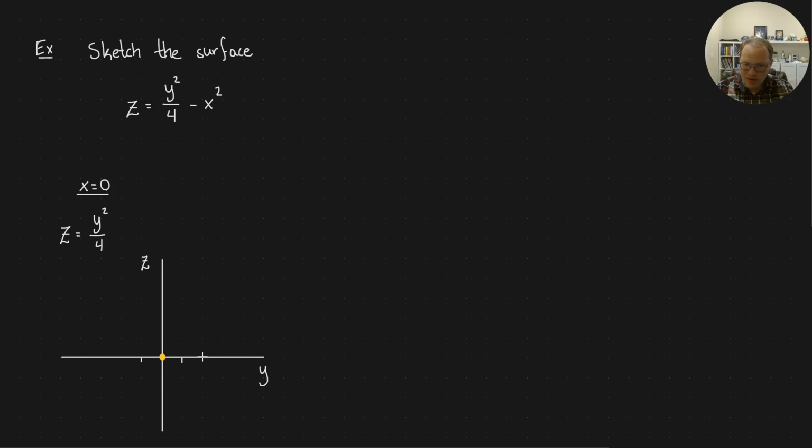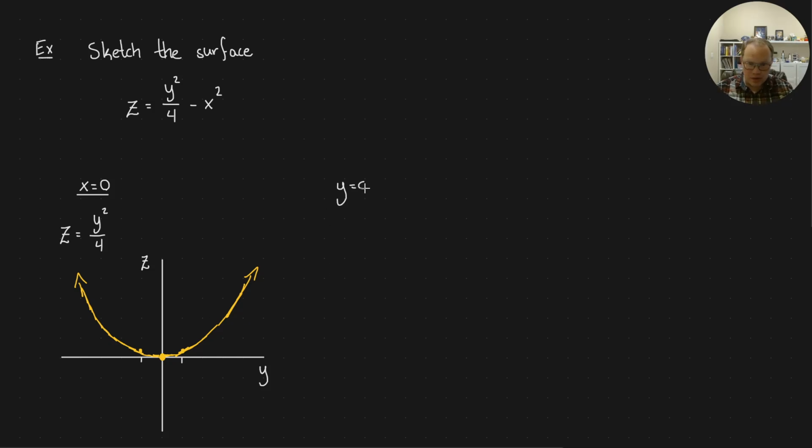And if I go 1 out in each direction, I'll only go a quarter up. So very wide opening parabola. Okay, so that's one trace down.